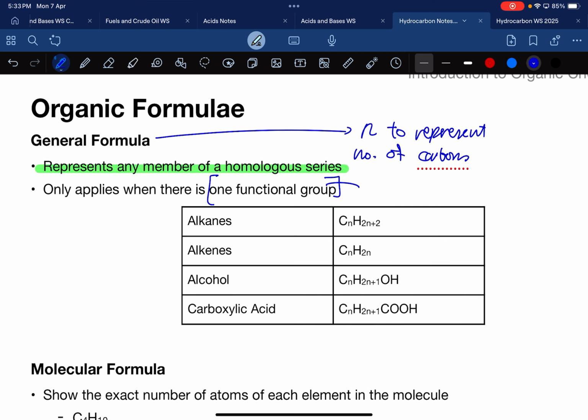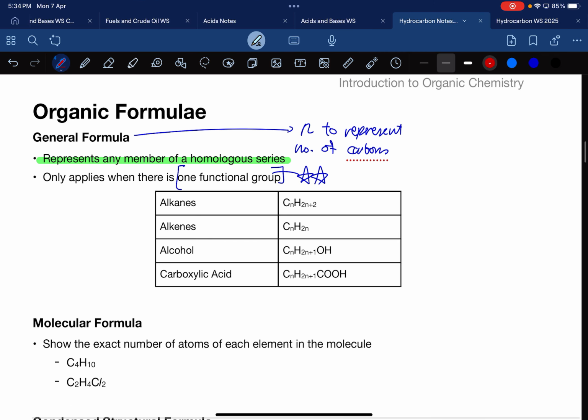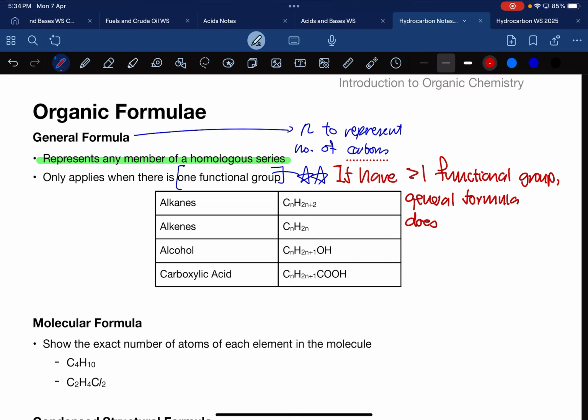This is quite important. Because if there are multiple functional groups, I'll write it in red in a slightly thicker font so we are aware. If you have more than one functional group, the general formula does not apply anymore.